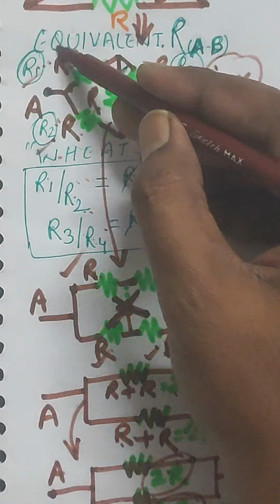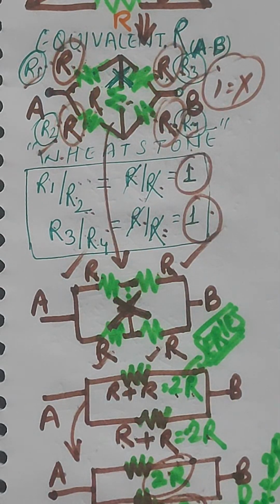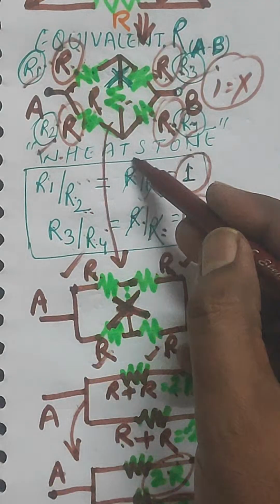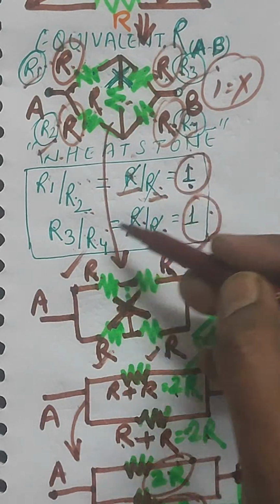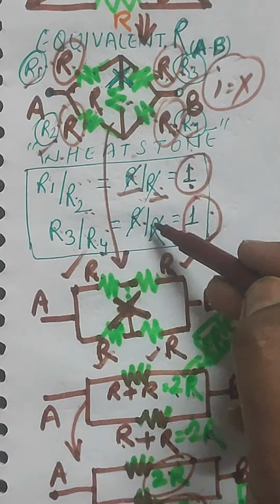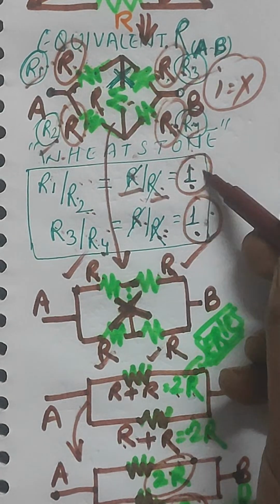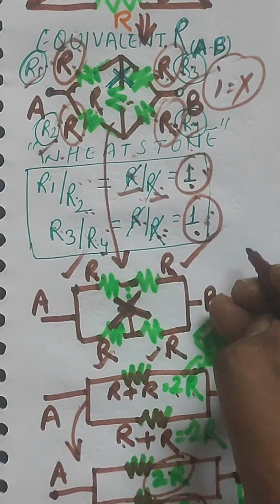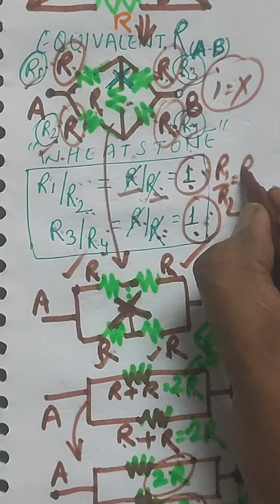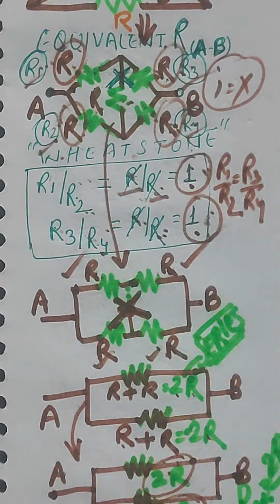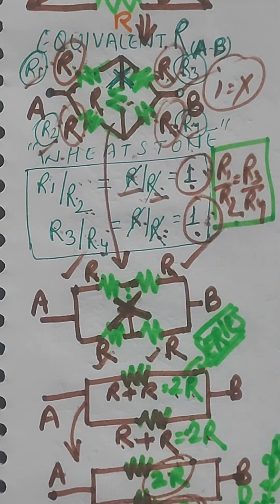R1 by R2 is R by R, which is nothing but 1, and R3 by R4 is also nothing but 1. So you can see this condition is followed, that means R1 by R2 is equal to R3 by R4. So this criterion of Wheatstone bridge is followed.